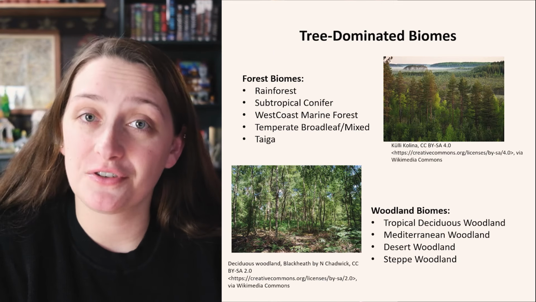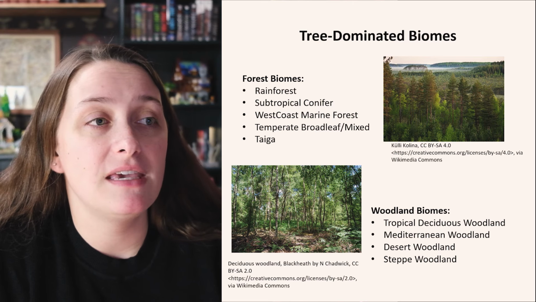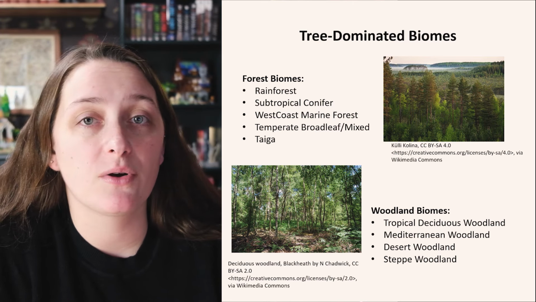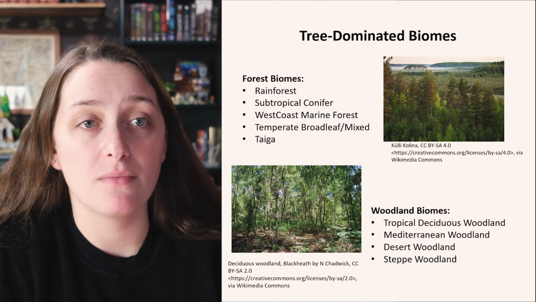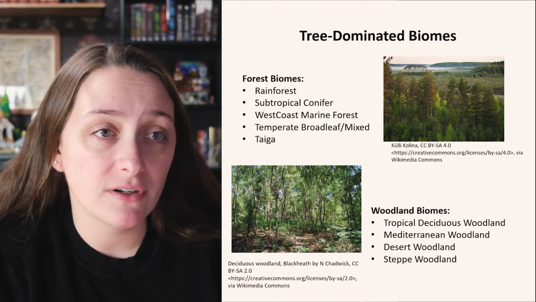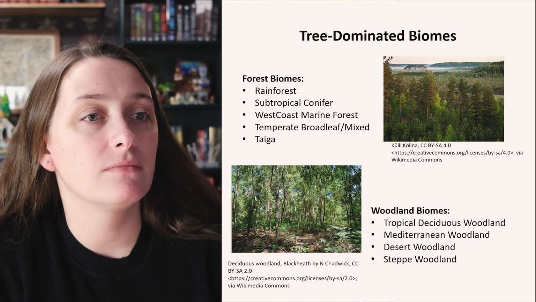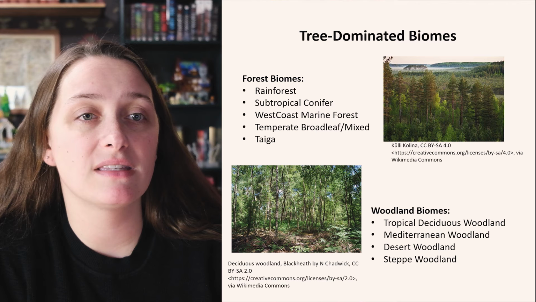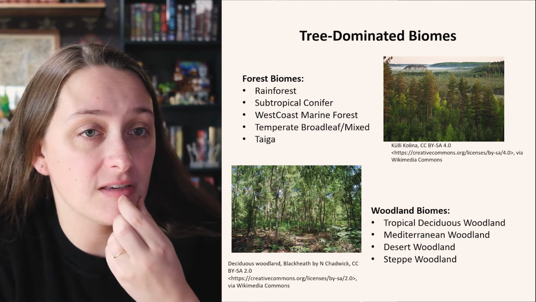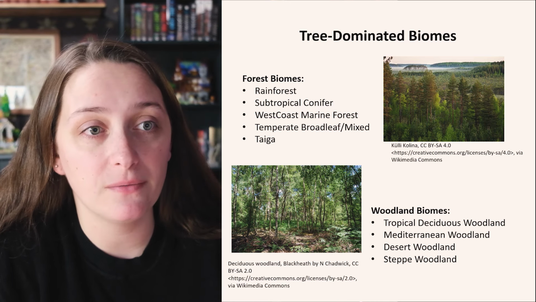And the next are tree-dominated biomes. These are separated into 2 sections, forest and woodland biomes. We're going to have 5 forest biomes, which are the ones that have continuous tree cover, and then 4 woodland biomes. These are ones that have discontinuous tree coverage. And you can determine where these are found based off the climate and the soil.